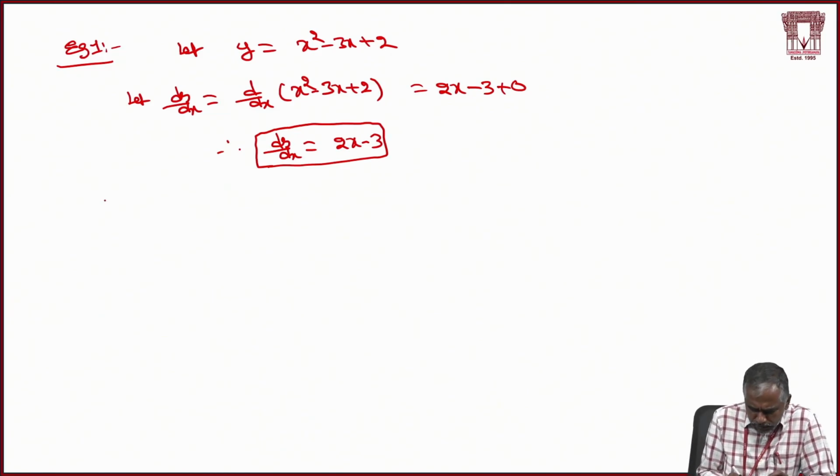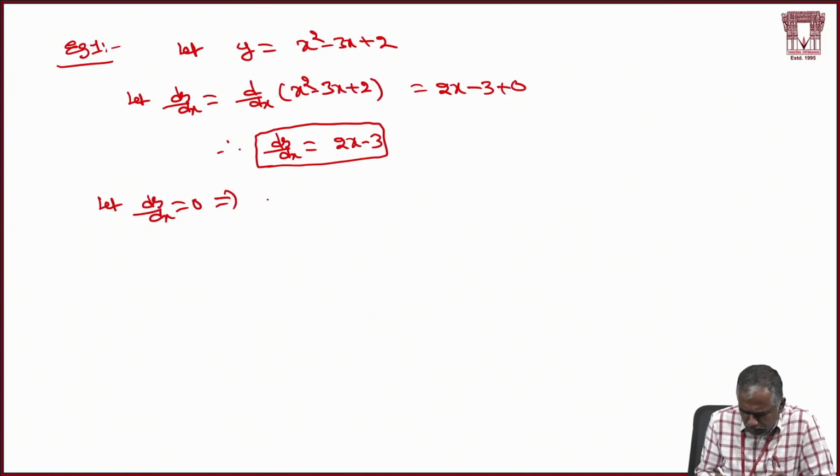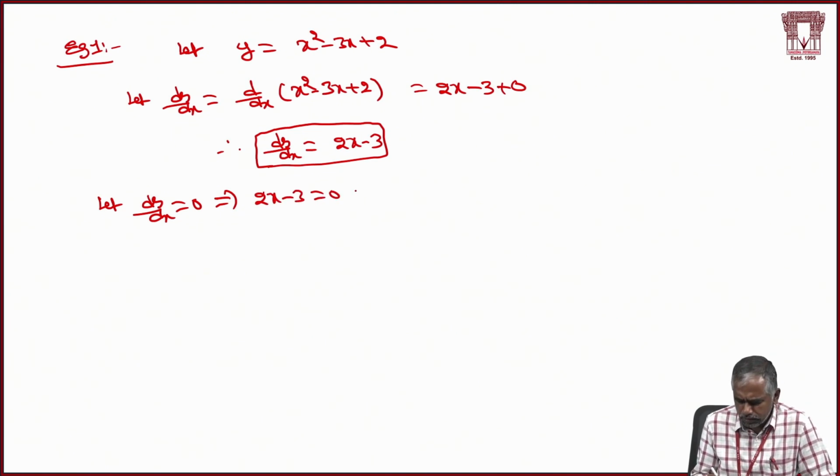According to step 2, let dy by dx equal to 0. That implies 2x minus 3 equal to 0. So that implies x equal to 3 by 2.